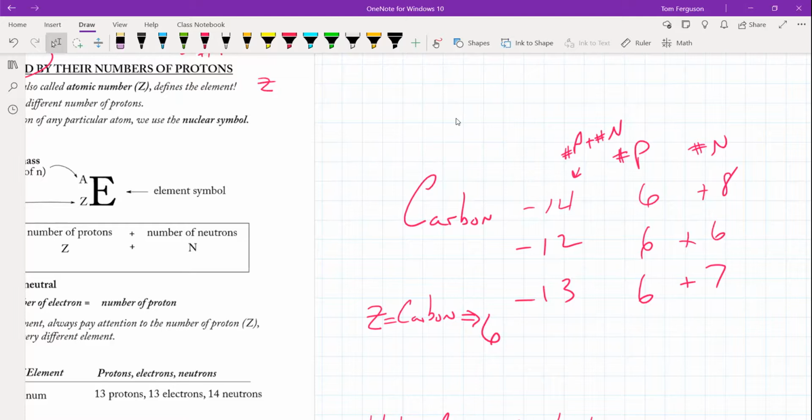Well, 6 plus what is 14? 8. So that means there's 8 neutrons that make up, along with the 6 protons, to get to the number 14. So the total number of particles in the carbon-14 nucleus is 14. I'm not talking about electrons now, just protons and neutrons. Okay, carbon-12, there are 6 protons because it's carbon, plus 6 neutrons. Is that better?